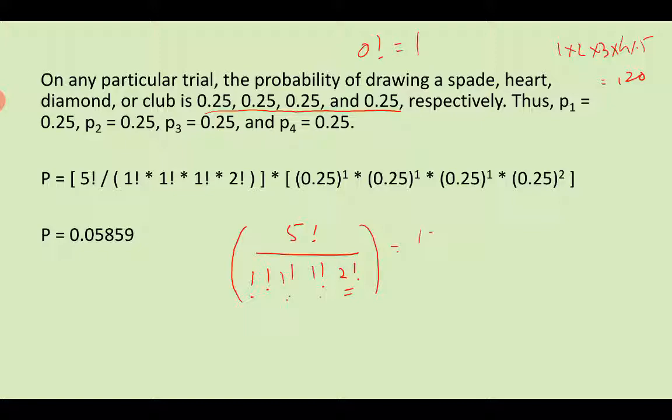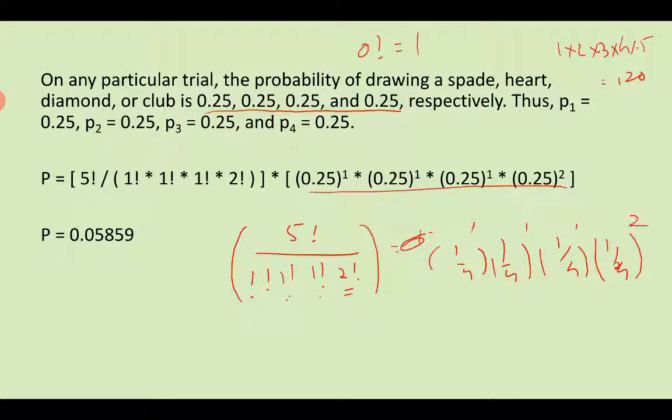Now multiply all the probabilities: 1 by 4, one time, 1 by 4, one time, third event occurs, fourth event occurs twice, so power is 2. Now when you solve this one using a calculator, you get this probability.